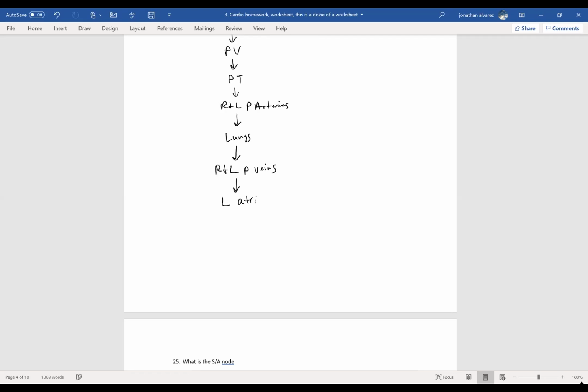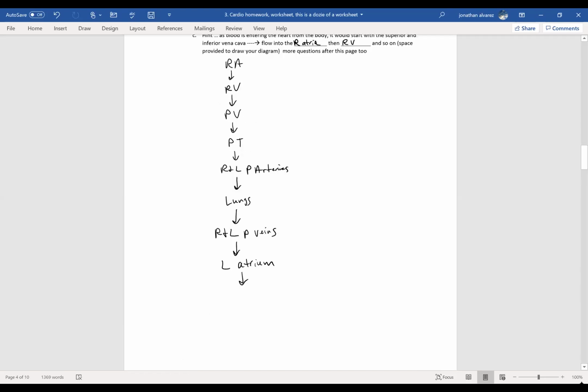Oh, I missed a step up here. Right atrium, it goes through the tricuspid valve, and then into the right ventricle. Okay.